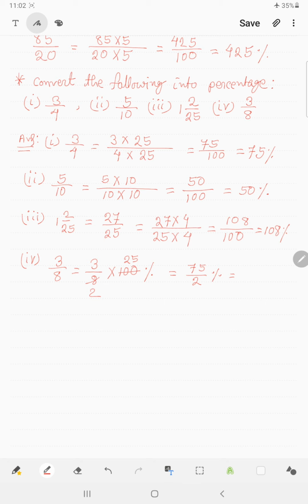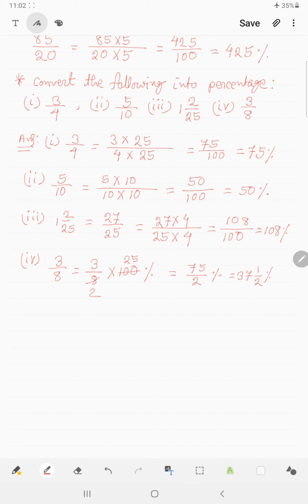So 2 times 37 is 74, remainder 1. Okay, so like this you can convert into percentage, that is 37 whole 1 by 2%.